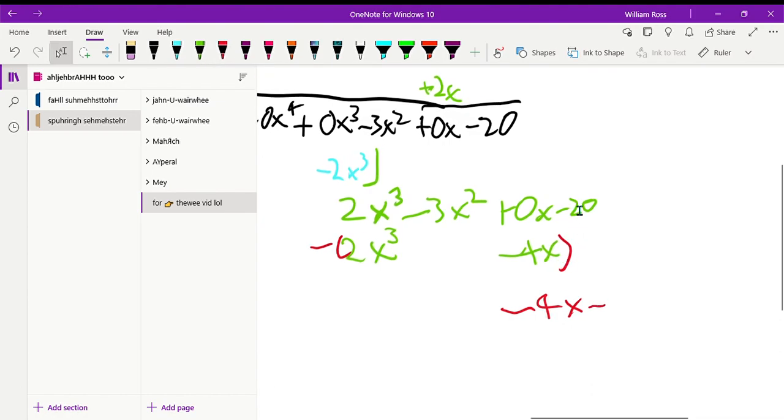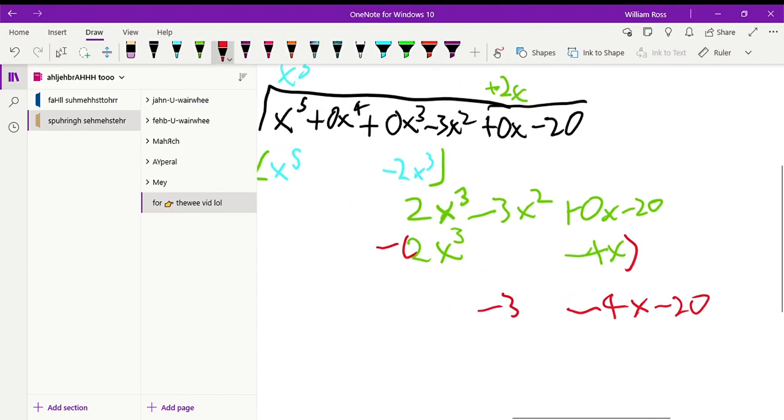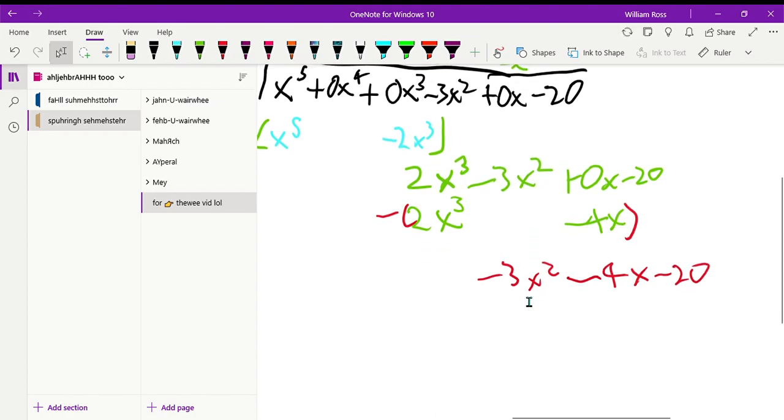And we bring down the negative 20. And now we have a negative 4x minus 20. Nope, I lied. It will be 3x squared. It will be 3x squared minus 4x minus 20. Okay, we also got to bring down this one too.